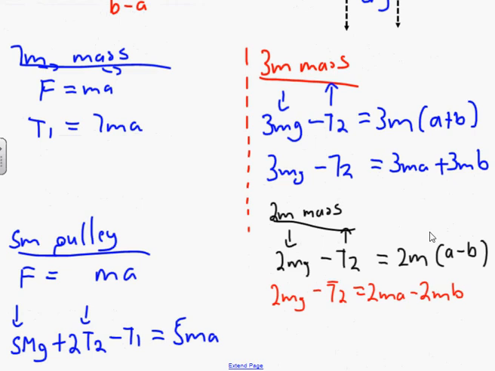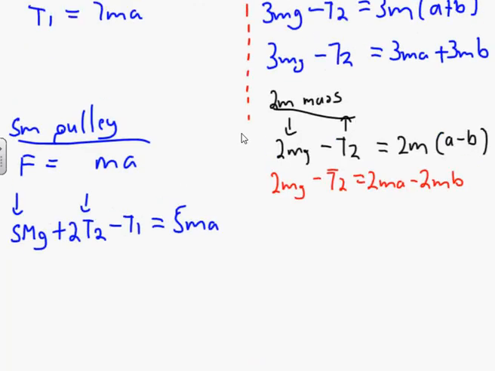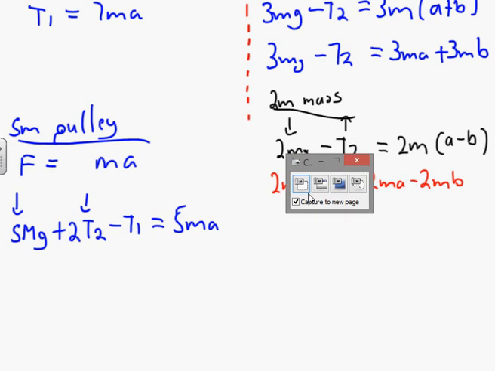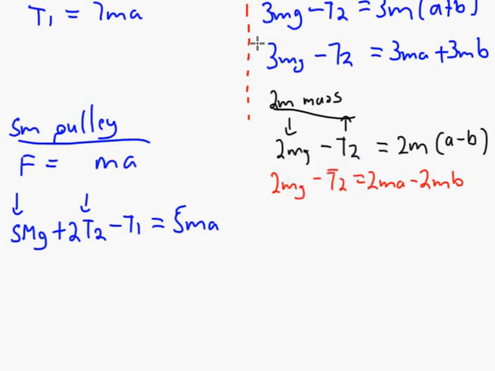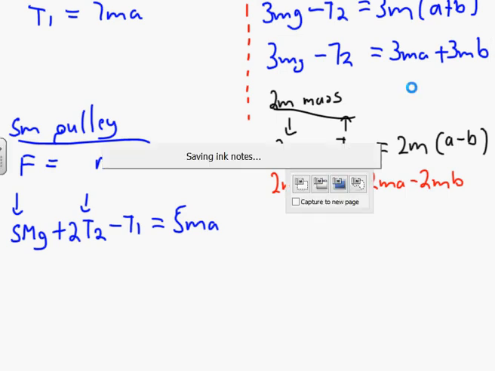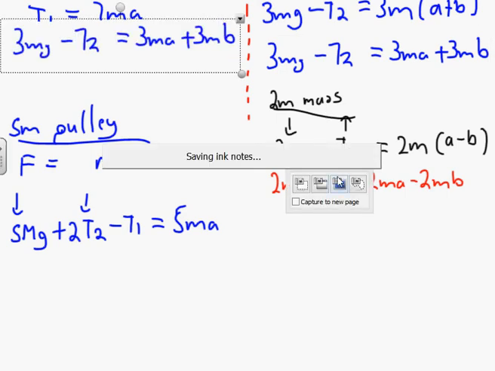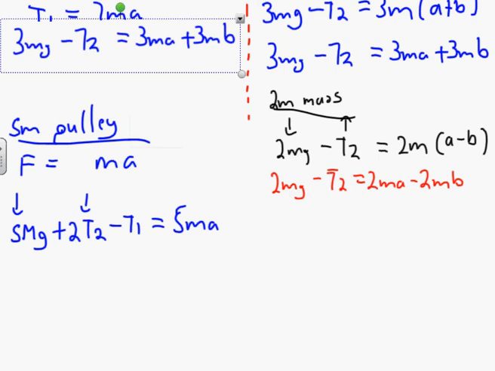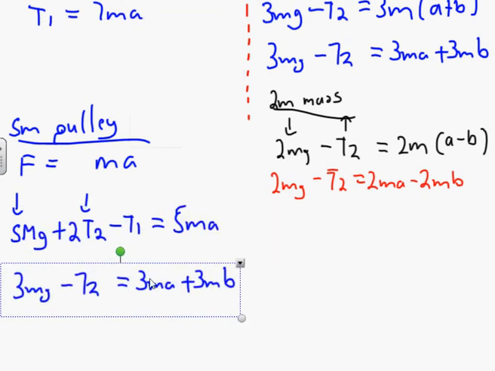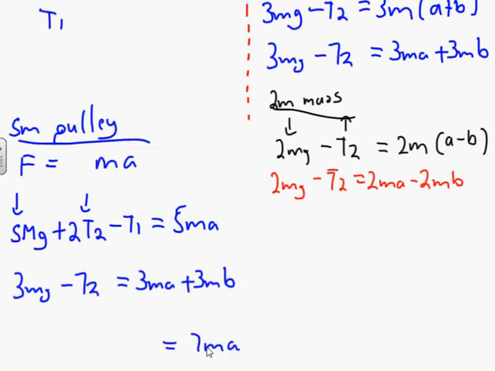Now, let's circle what we need. So I need this formula here. So this formula here goes down that one there, and that one there, and that one in the red one in the corner.